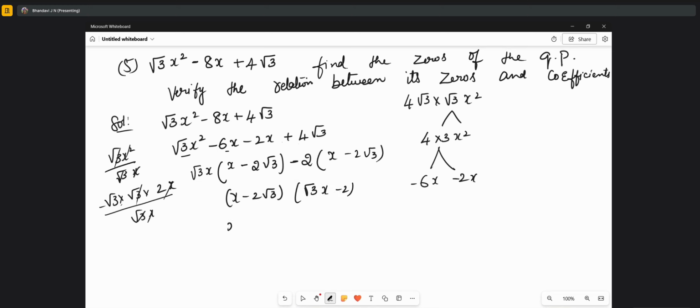So x minus 2 root 3 is equal to 0. x is equal to 2 root 3. Similarly, root 3x minus 2 is equal to 0, root 3x is equal to 2, x is equal to 2 by root 3.